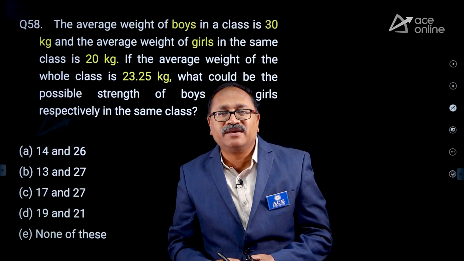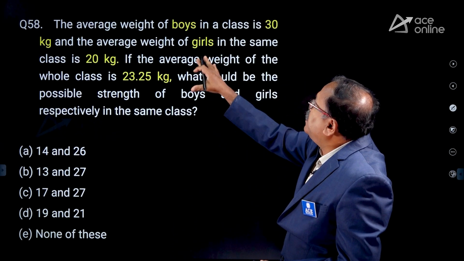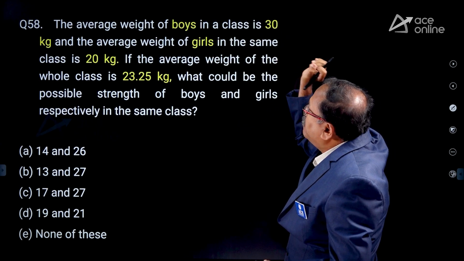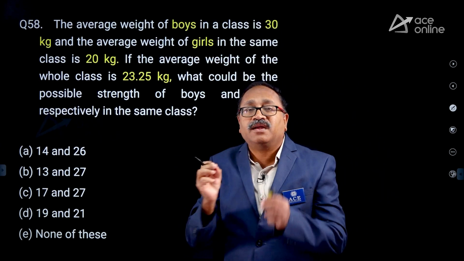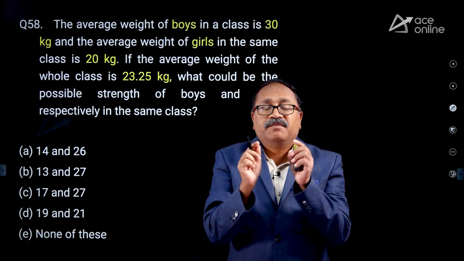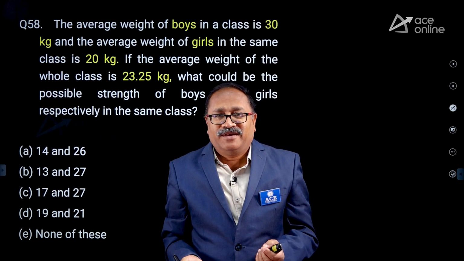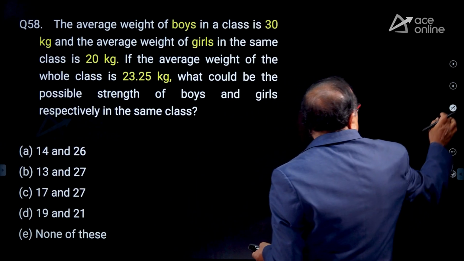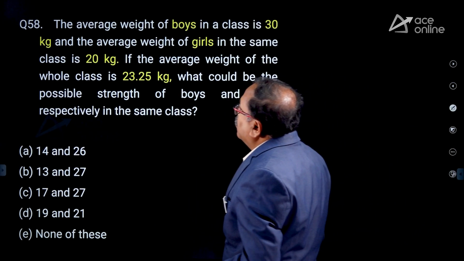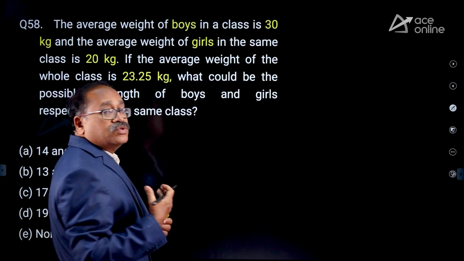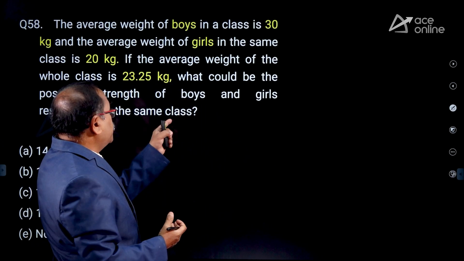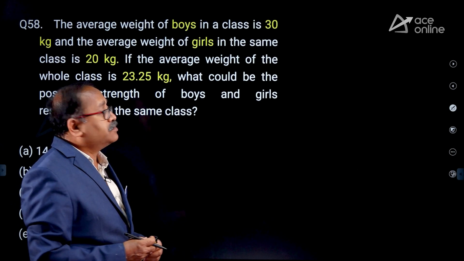Some may be confused here, but the first part is very clear: the average weight of boys is there, girls is there, and the mean is also there. By using these three, I will get the ratio of their numbers. First do that, and then I will see how we should adjust those values to answer the question.